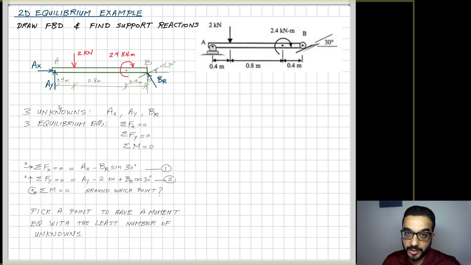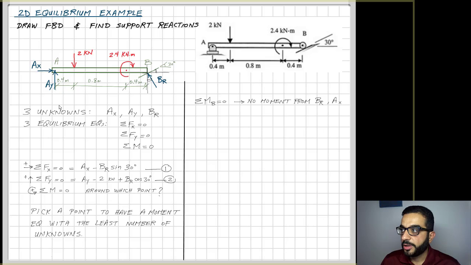That's kind of the art here, to apply it at a point that eliminates the contribution of the unknowns toward the moments around that point. So if I apply the sum of the moments around B, I'm eliminating the moment from both BR and AX because both of them are going through B.